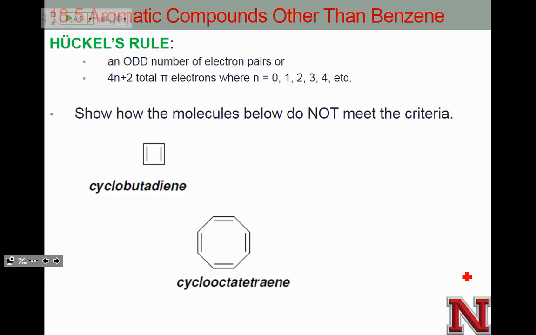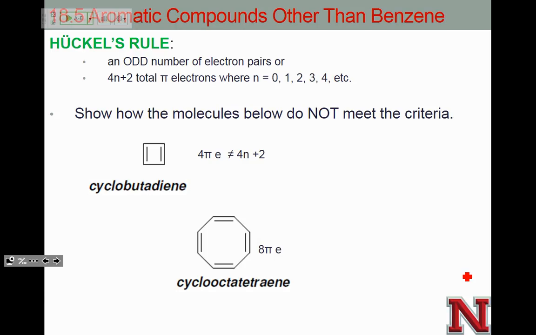So cyclobutadiene has 4 pi electrons. There's no n. That's a whole number. n can't be a decimal or a fraction. That would agree with 4n plus 2 pi. And here we have 8 total pi electrons. Now both of these are a closed loop of double bonds. Both of these are completely conjugated double bonds.